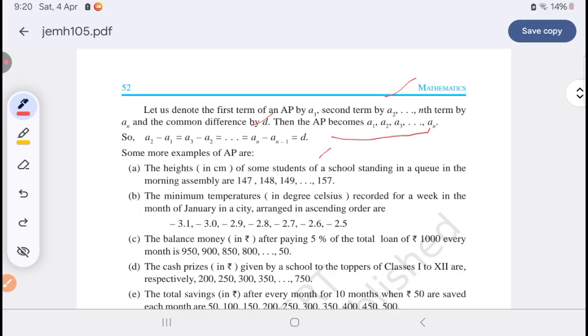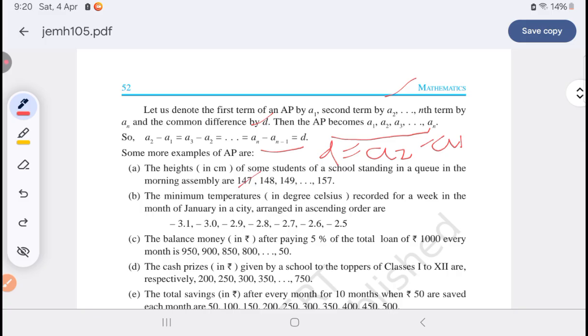Here d, the common difference, is a2 minus a1, where a1 is the first term and a2 is the second term, and similarly an minus an-1. That is also d.